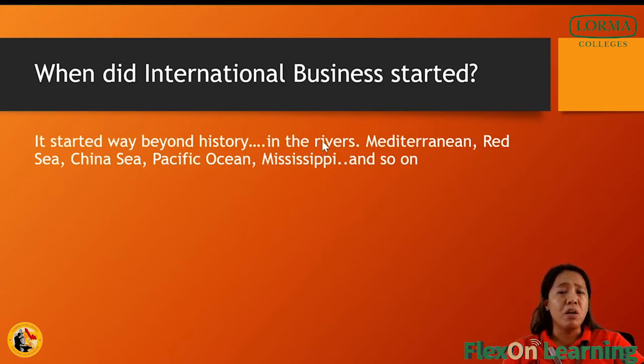Barters, for example, transfer of value to value, businessman to the other, happened in the Mediterranean, Red Sea, China Sea, Pacific Ocean, Mississippi River, and so on and so forth. It's because civilization also started in the rivers because of the factor of transportation. We did not have planes before, we did not have cars before. So the first means that allowed people to move was the use of ships, the use of boats.